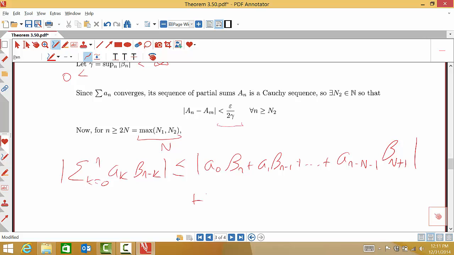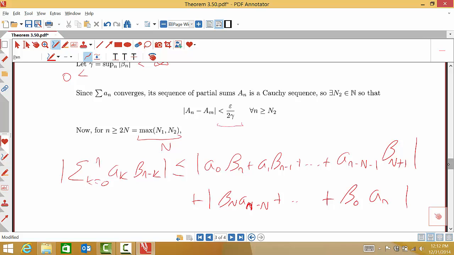And then I'm going to add to it the remaining terms. The triangle inequality applies because I broke this up. I'll have beta sub n times a sub little n minus capital N, dot, dot, dot, all the way down to, at the end, beta sub 0 times a sub n.